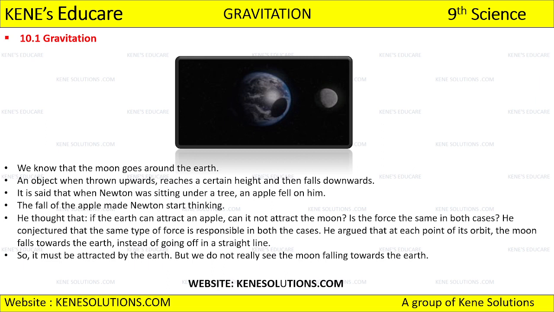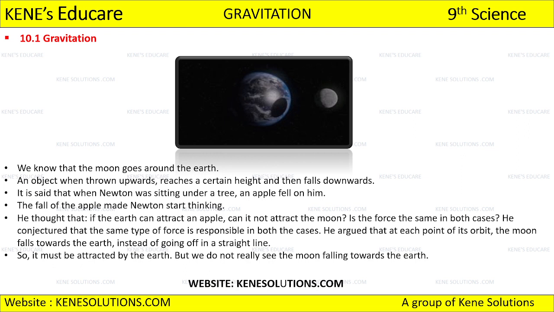So he concluded that the same type of force is responsible in both the cases. That force is gravitational force. In both the cases, the earth attracting the apple and the earth attracting the moon, the same force is responsible.